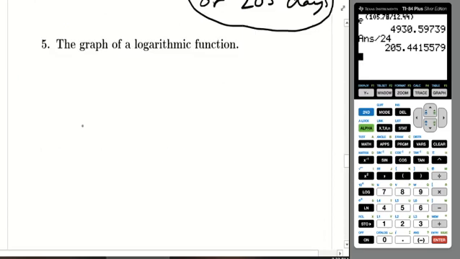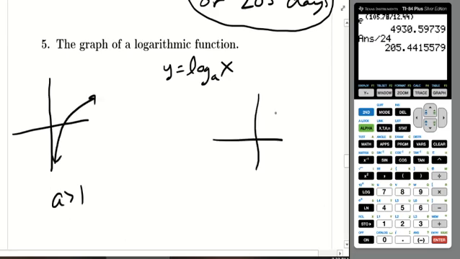All right, the last thing I want to mention here is just what is the general graph of a logarithmic function? Well, let's let y equal log base a of x. It depends on whether a is greater than 1 or between 0 and 1, just like an exponential function.